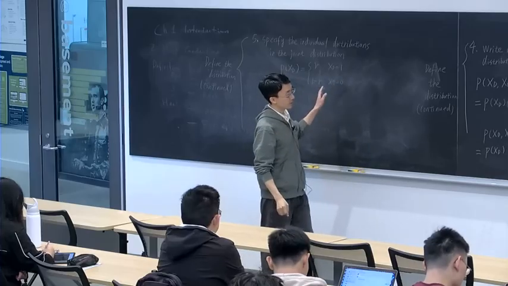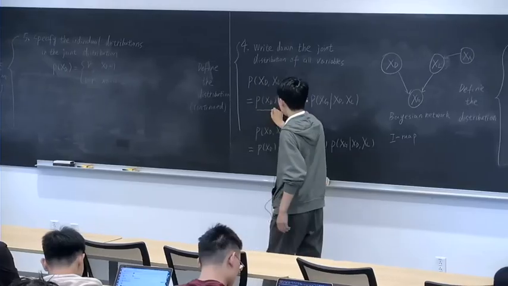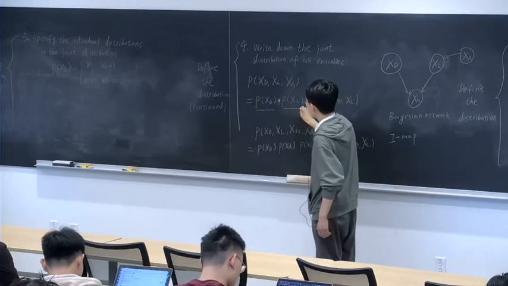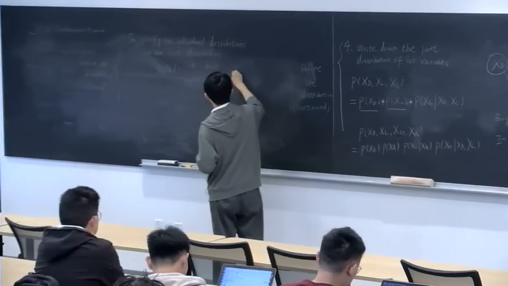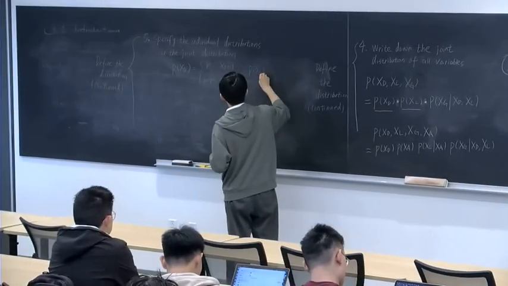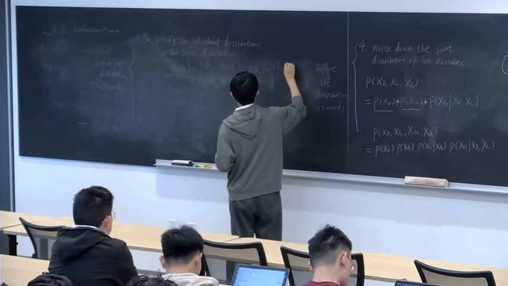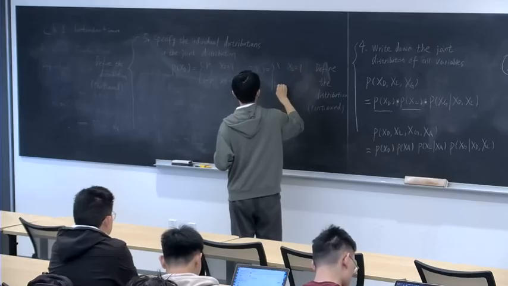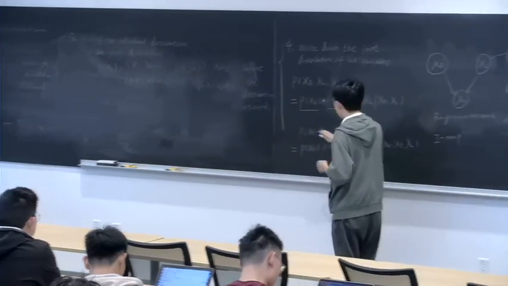We already discussed this. Then for p(xl), we also discussed that. It's also a Bernoulli distribution. So p(xl) equals lambda if xl equals 1, and 1 minus lambda if xl equals 0.